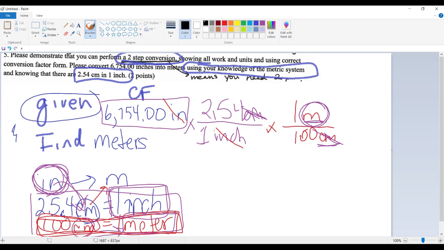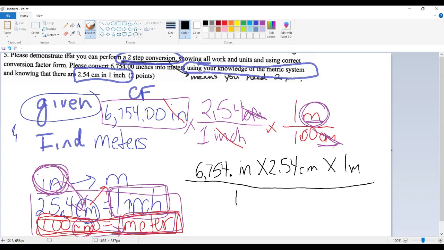This could get confusing. What I'm going to end up with is 6,754 inches times 2.54 centimeters times 1 meter all over 1 inch times 100 centimeters.